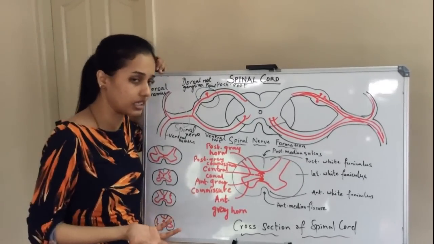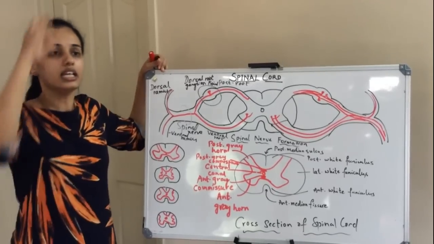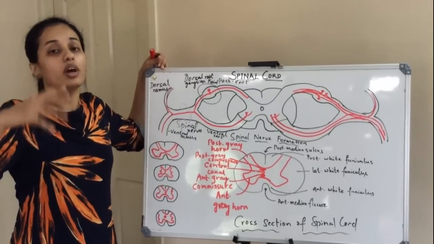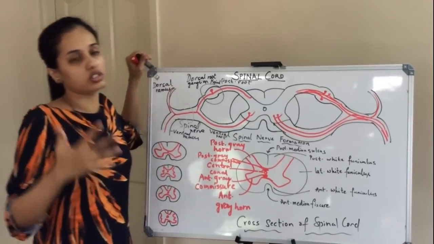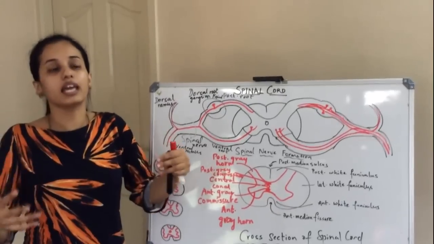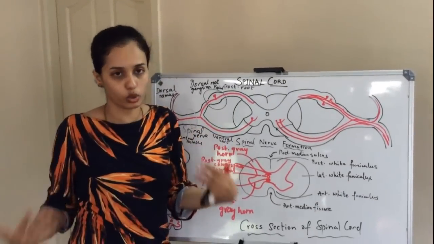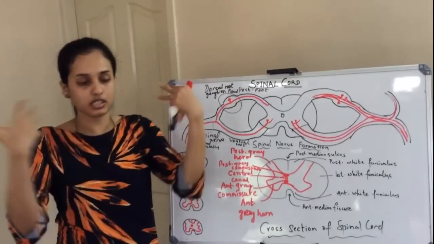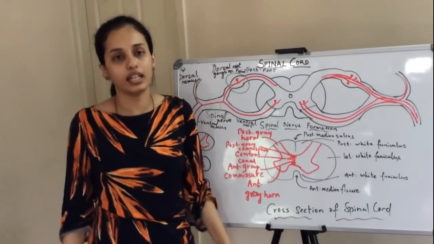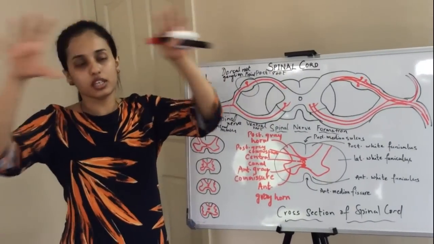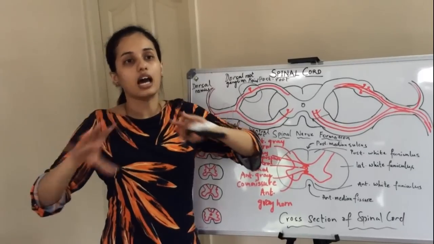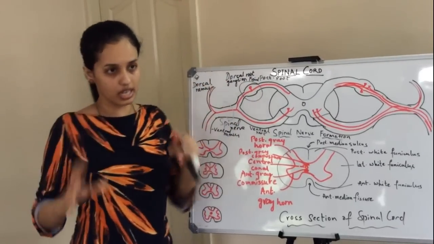The reason is that these are the two areas where the nerve fibers are more, because those nerve fibers are supplying the muscles of the upper limb and lower limb. The skeletal muscles are more in the upper limb and the lower limb, so you will see the nerve fibers are more in number at these two areas.